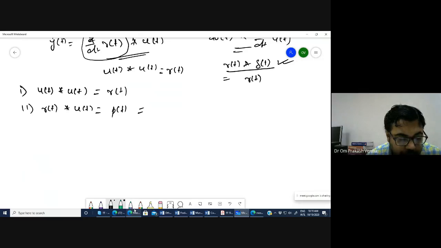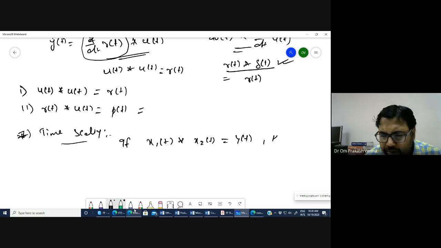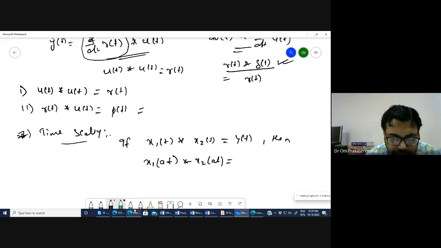Now I'm coming to the next property, that is the time scaling property. So if x1(t) convolution with x2(t) is y(t), then the convolution of x1(at) with x2(at), what is the answer?